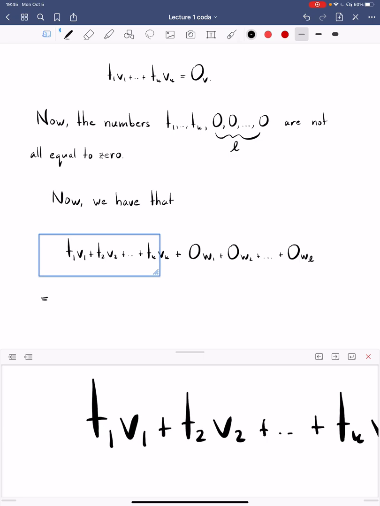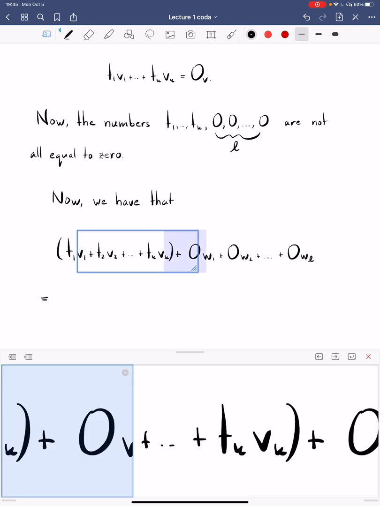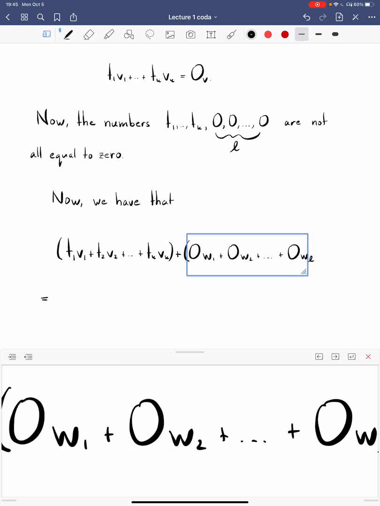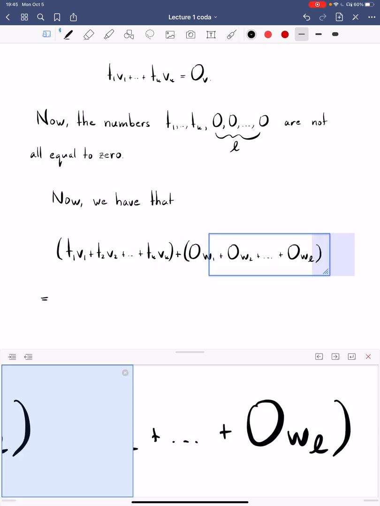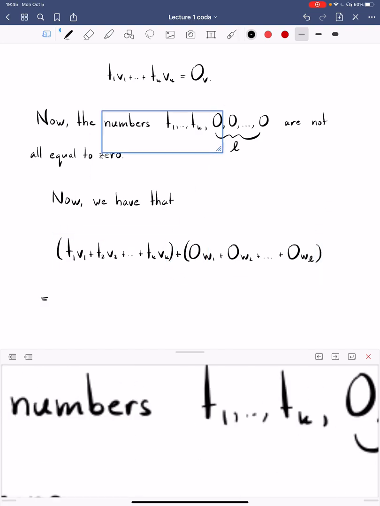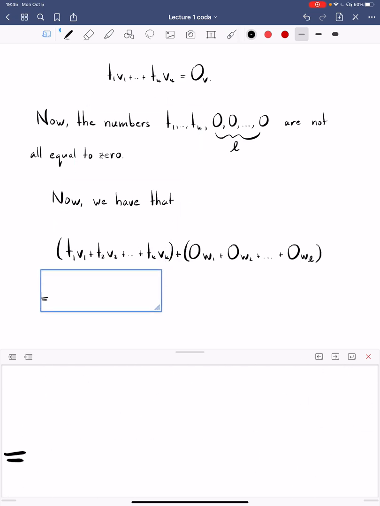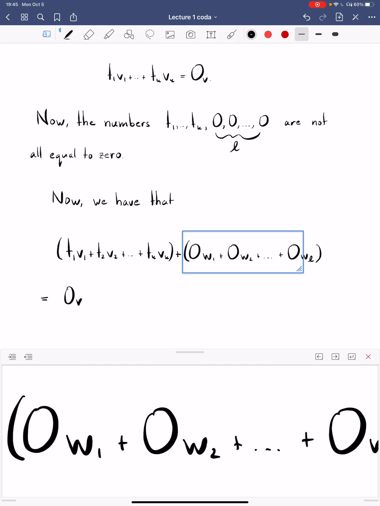Let's evaluate it in two pieces. We'll first sum the first k terms, and then the last l terms. The sum of the first k terms, I know what that is from this equation. This is equal to 0v. And what about the sum of these remaining terms?